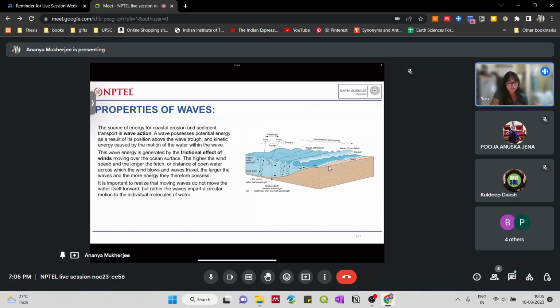You can see over here that as and when the wave reaches the shore, the wavelength reduces and the amplitude of the waves increases. Usually deeper water has a circular kind of motion. The motion of the water particles is circular, then it becomes elliptical, and by the time it reaches the shore, it becomes almost linear.